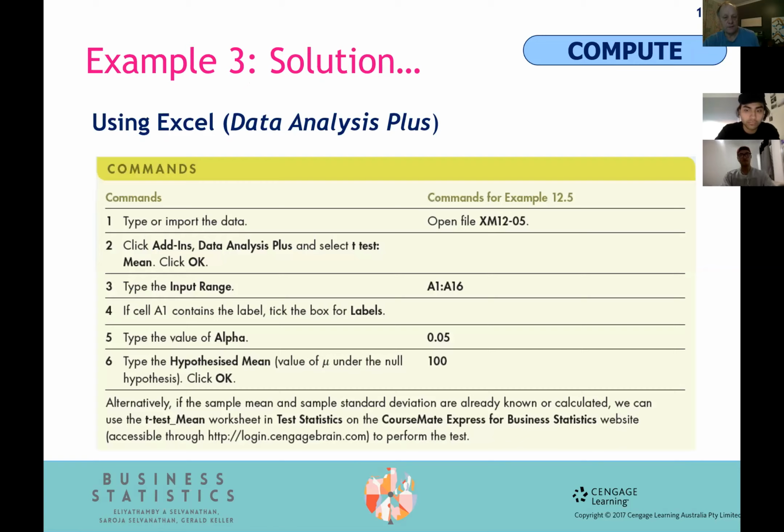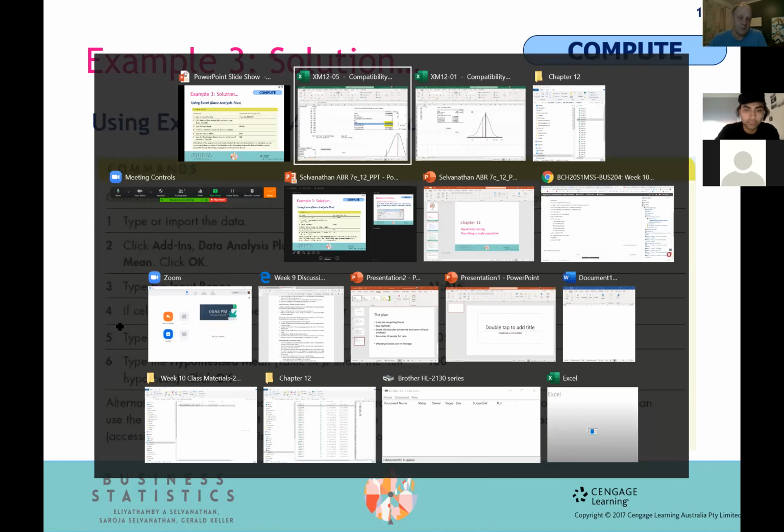And here's how you can do it in Excel. I'm not sure if, yeah, this t-test mean, they've removed it. So the trick that you and I now have to do is add this dummy variable.